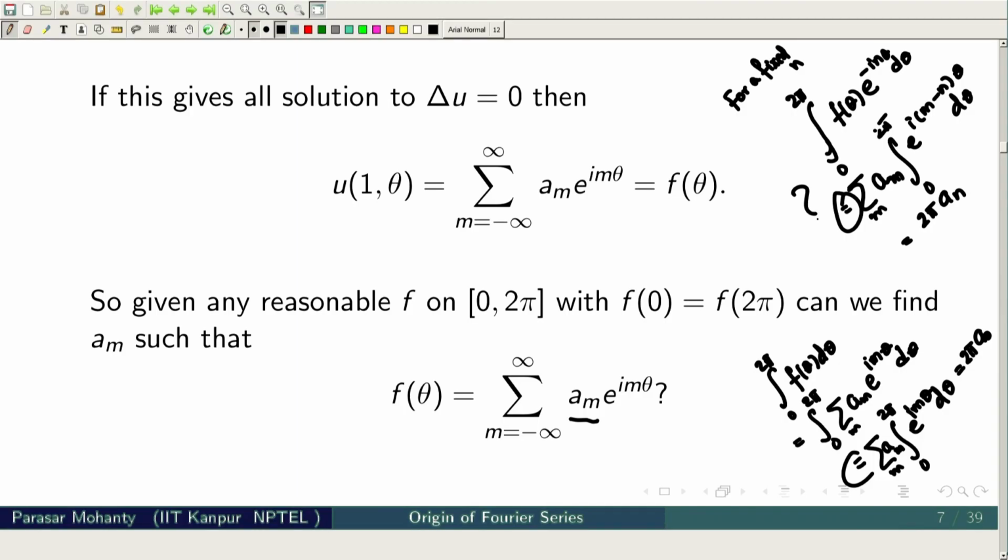Then the next one would ask, even if it converges, suppose I have a_m denoted by this formula and suppose this infinite series converges, what is the guarantee that this infinite series is going to converge to the original function f we started off with? So these questions are very deep, and in the course we are going to address all these questions one after another.